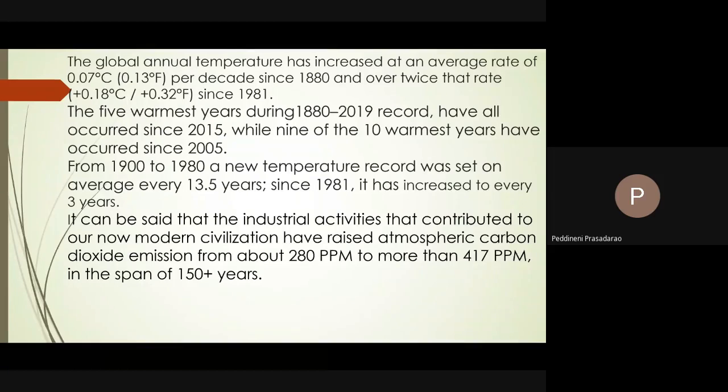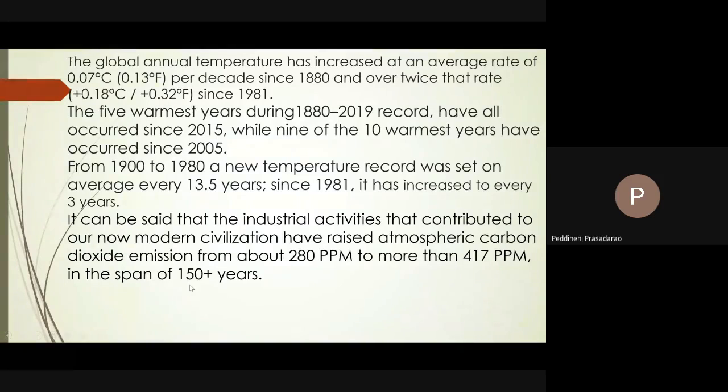It can be said that the industrial activities that contributed to our modern civilization have raised atmospheric carbon dioxide from about 280 ppm to more than 417 ppm in a span of 150 years.